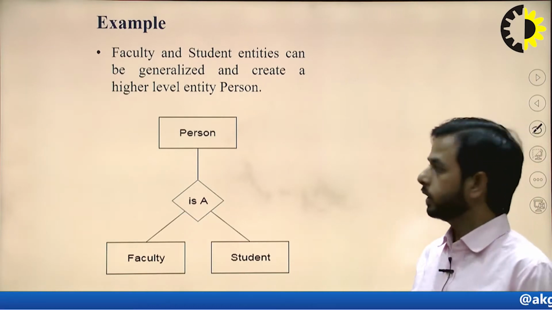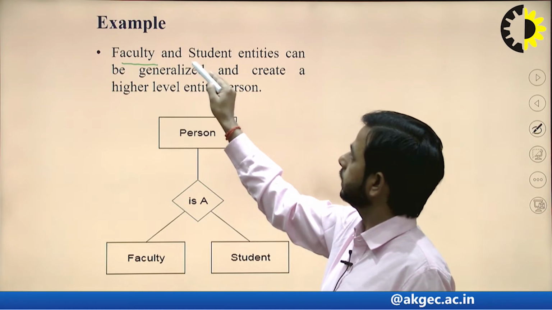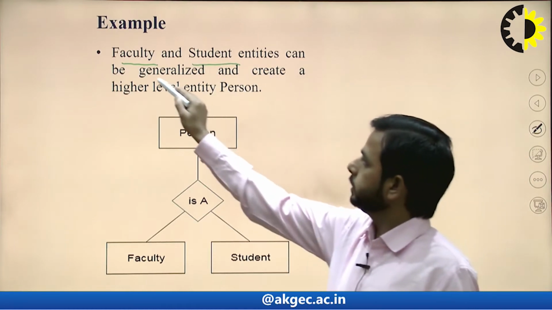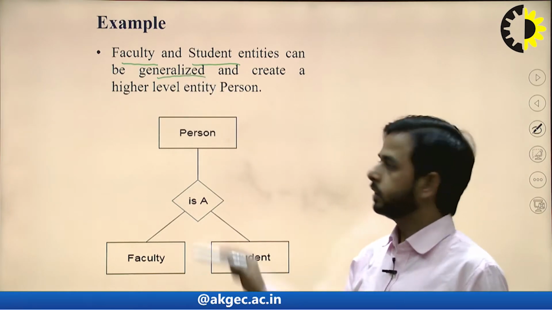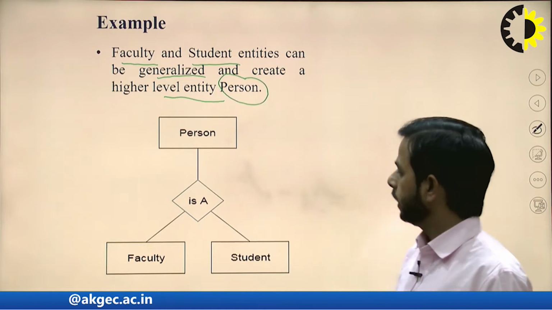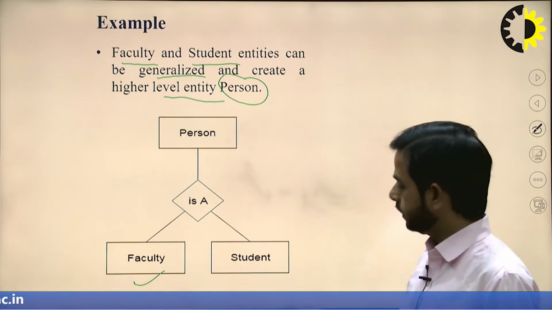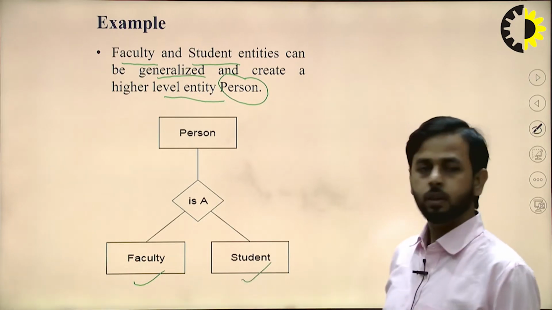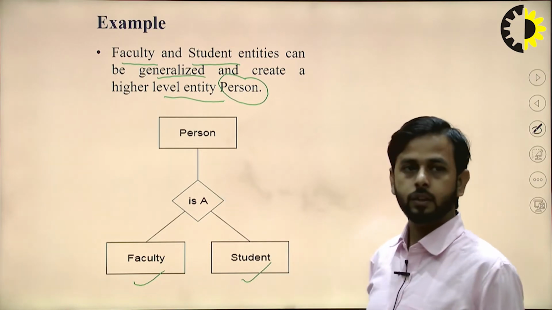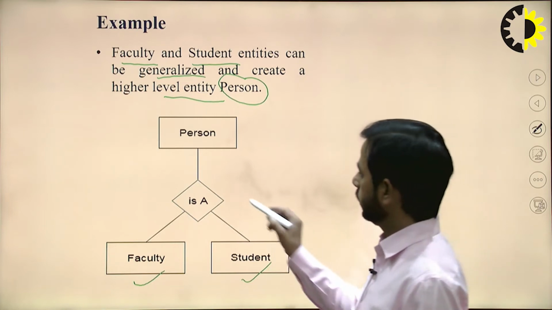Let's take one example. There are faculty entities and there are student entities. These entities can be generalized to create a higher level entity, person. There is one entity faculty and another entity student. Generalization is a relationship.